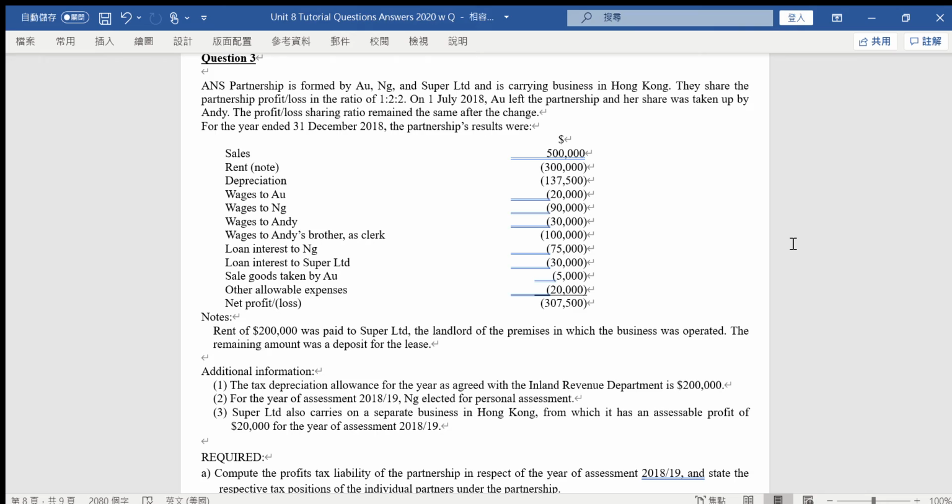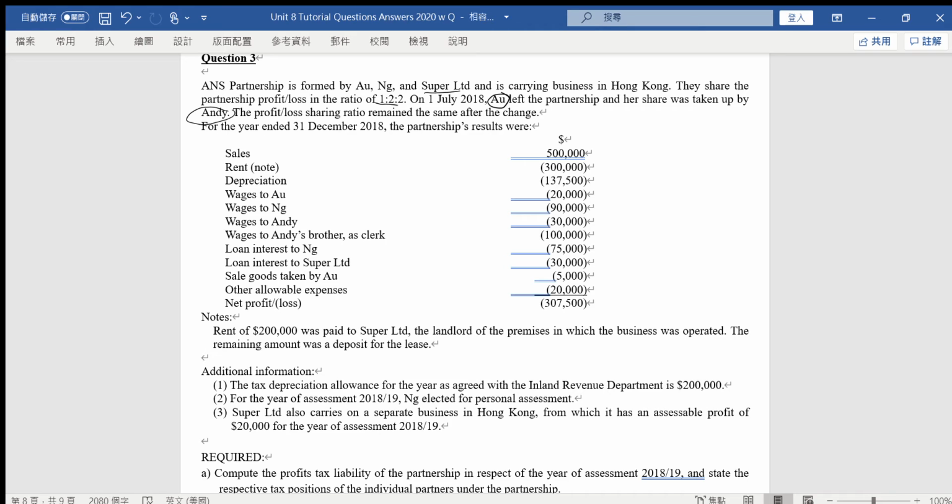Find the assessable profit, and you'll find that this question mentions that one of the partners leaves and another partner joins. Mr. Ao will leave, and then another partner, Andy, will join. Then the sharing ratio of the profit and loss will be the same, 1 to 2 to 2.